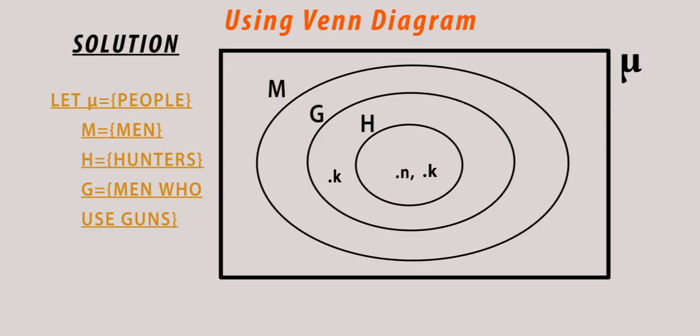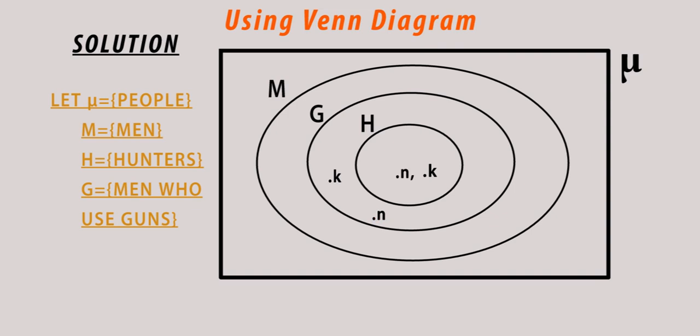Again, I believe you can see the position of N. That means you are a man, you use a gun, and you are a hunter. Now, once we can place any of these elements in more than one position, we will conclude that the argument is not valid.